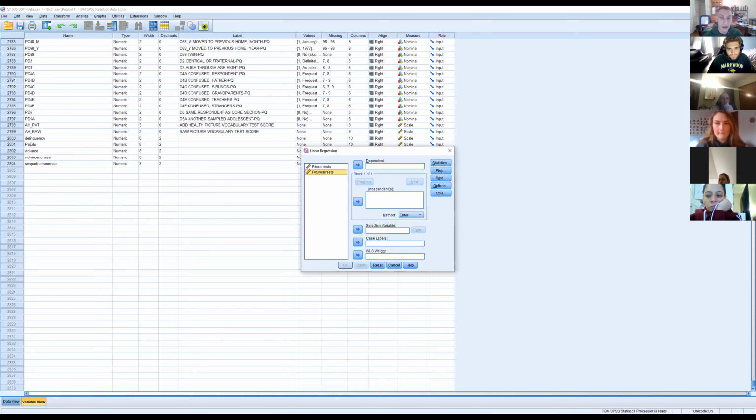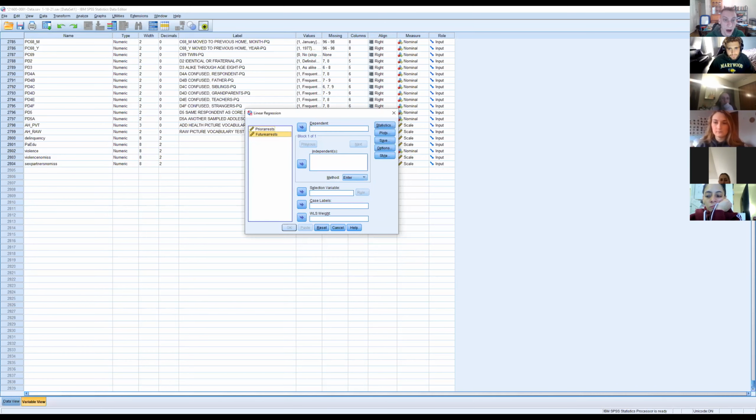This is the linear regression window that pops up, and we've got some familiar terms here. The labels actually make sense this time. Independent variables go here, a dependent variable goes here. We can have any number of independent variables as predictors of future arrests, but we're doing a simple linear regression, so we just have the one, prior arrests, going in as a predictor of the dependent variable, which is future arrests, okay?